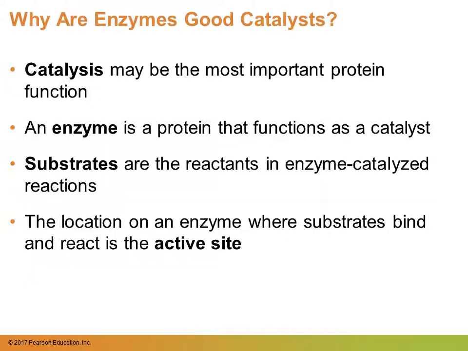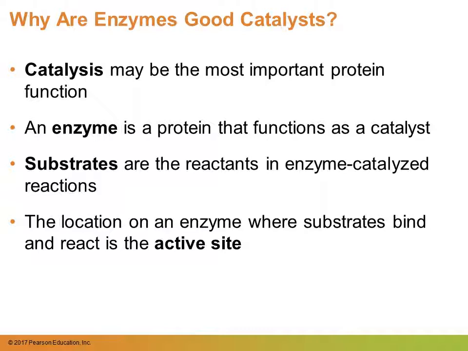Of all of these functions, oftentimes catalysis has been considered the most important protein function. There's a subset of proteins that carry out catalysis, and these are called enzymes. An enzyme is a protein that serves as a catalyst, and it acts on substrates at the active site.